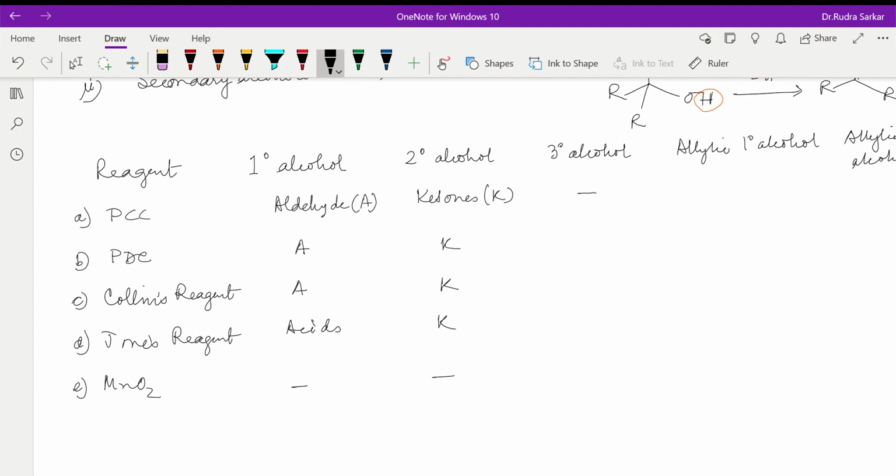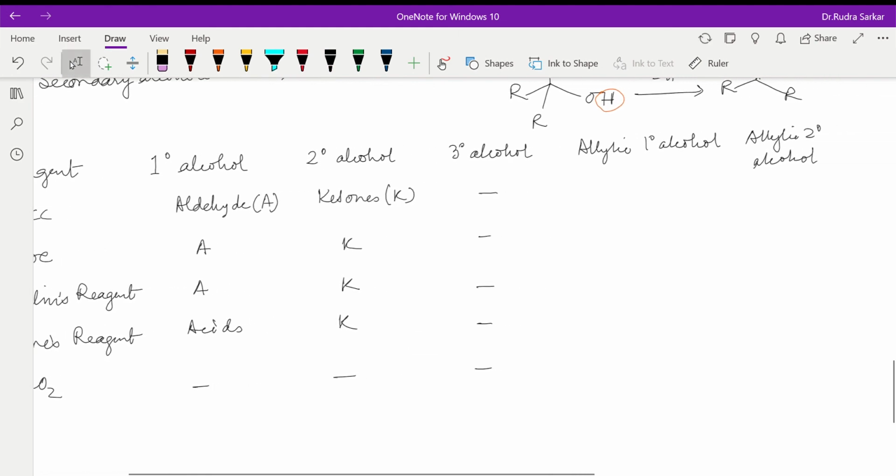None of the reagents will be affecting 3 degree alcohols, so we say minus or negative.